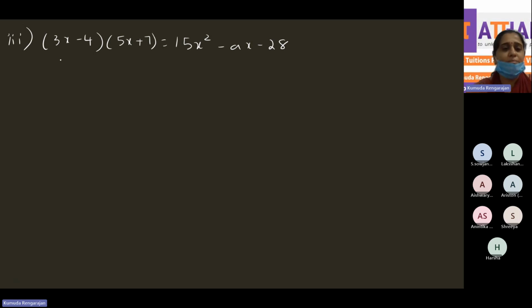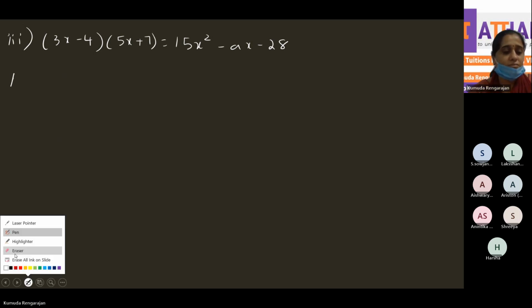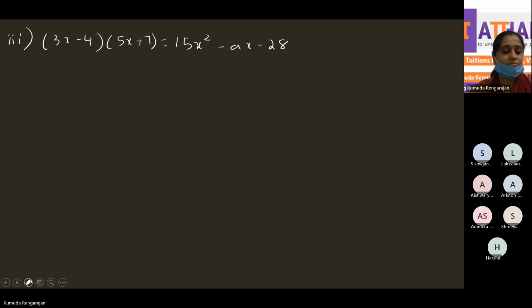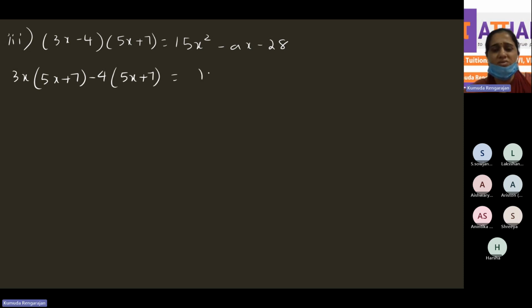So we'll find the product which we have here in the left hand side. So how will we multiply? 3x into the second bracket 5x plus 7, minus 4 into the second bracket 5x plus 7, correct? Is equal to this one. With this, we're just going to use for comparing. Write this as it is, nothing can be done with the RHS.